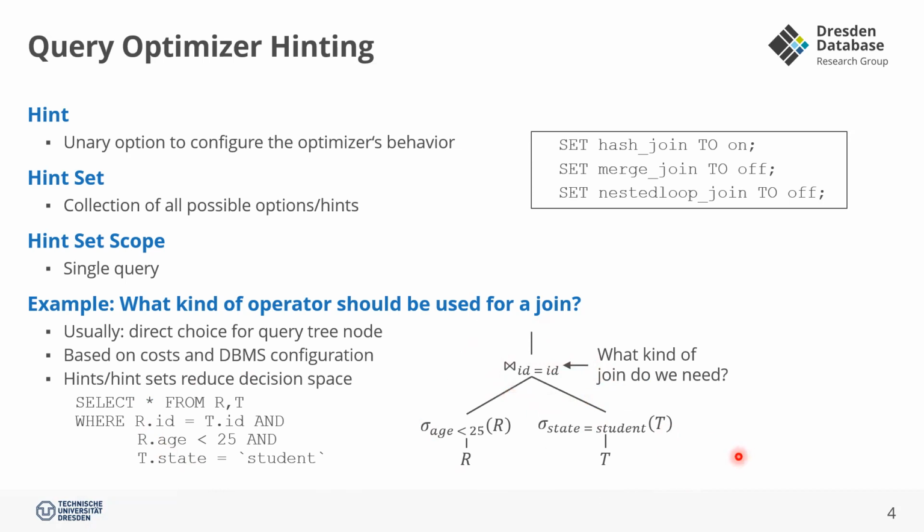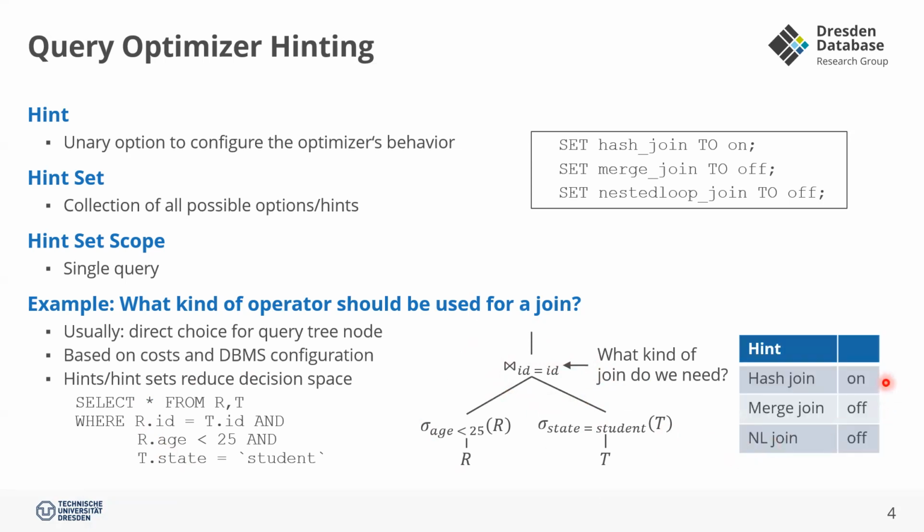And we now have our oracle that tells us you should only use a hash join here. And so only the hash join is turned on. And we forward this, and then still the optimizer decides. It can still decide within all the optimization parameters it has, but because we have switched off the 2 other joins, it will decide to use a hash join for this join or for every join in this query, because the hint set's scope is on a query and not on a single join.